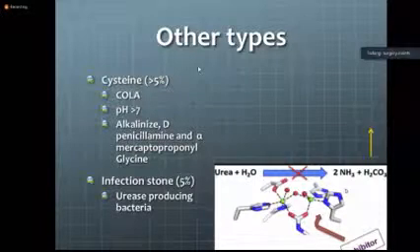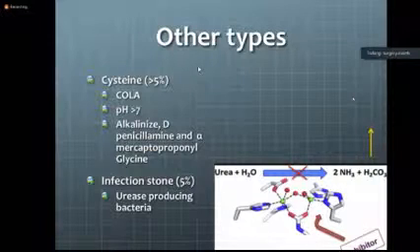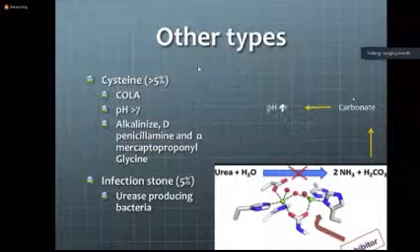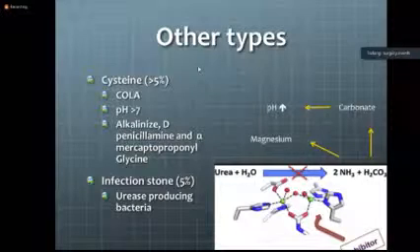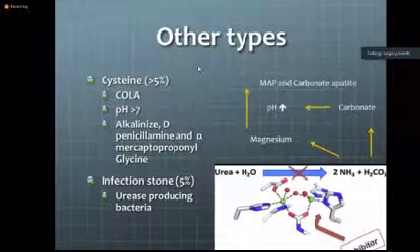The bicarbonate changes to carbonic acid or carbonate, which in turn increases the pH, which in turn, along with magnesium, carbonate and magnesium together form the MAP stone, or magnesium ammonium phosphate stone.